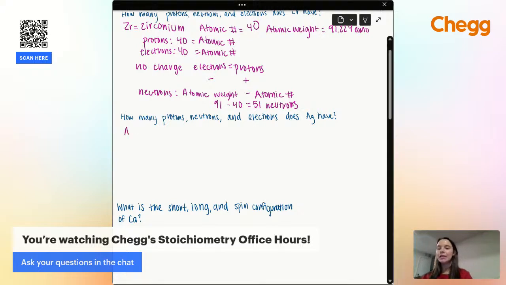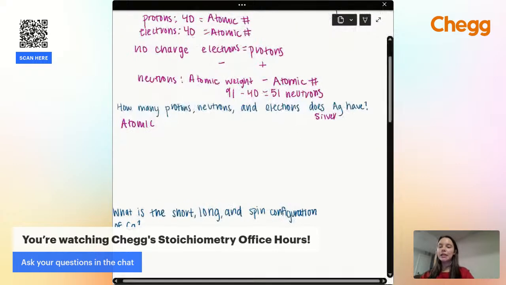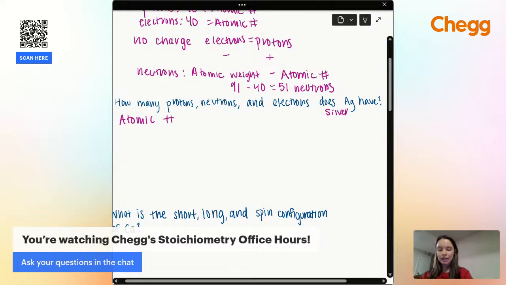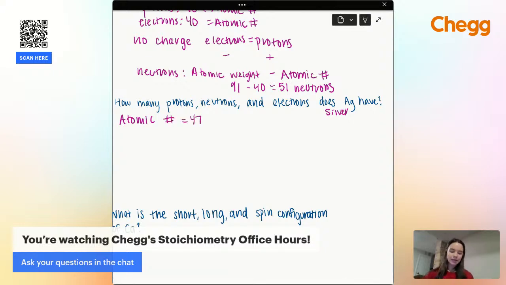So the atomic number of Ag, which is silver, is 47. And the other piece of information we need is the atomic weight of silver, which is 107.86 AMUs.